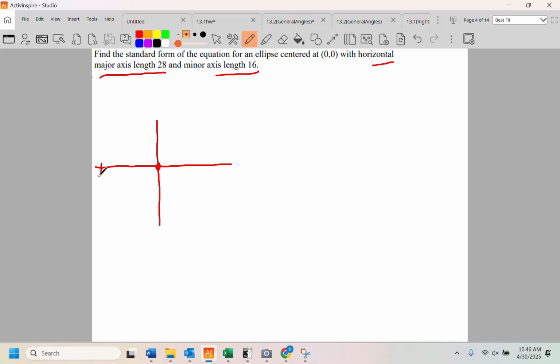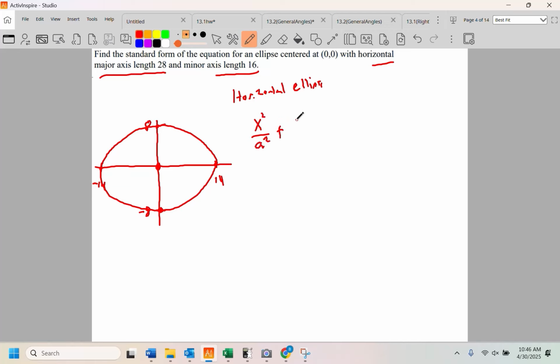Which means we're going to go left 14 units. We're going to go right 14 units. The minor axis has a length of 16, so we're going to go up 8 and we're going to go down 8. Now, the only reason I'm doing this is so that you can actually see, and maybe you're good enough at picturing this in your mind, but this is a horizontal ellipse, which means that it's in the form x squared over a squared plus y squared over b squared, and that's equal to 1.